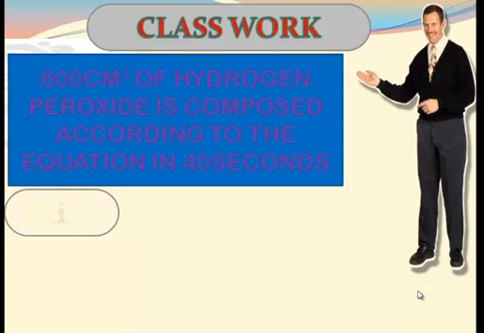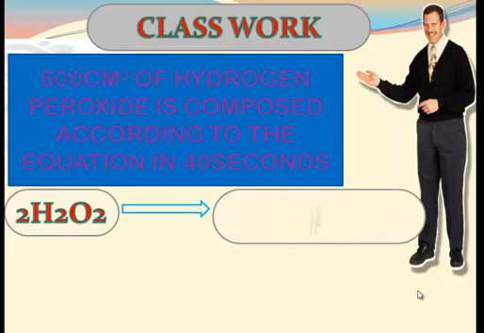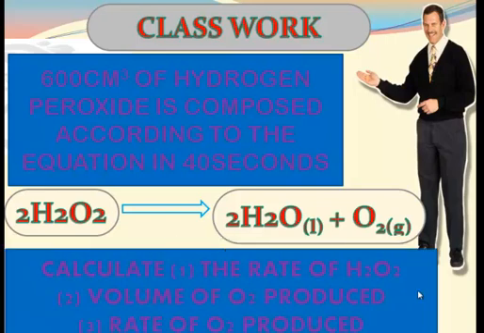60 centimeter cube of hydrogen peroxide is decomposed according to the equation in 40 seconds. That is 2H2O2 to give us 2H2O plus oxygen gas, and that reaction takes place in 40 seconds.